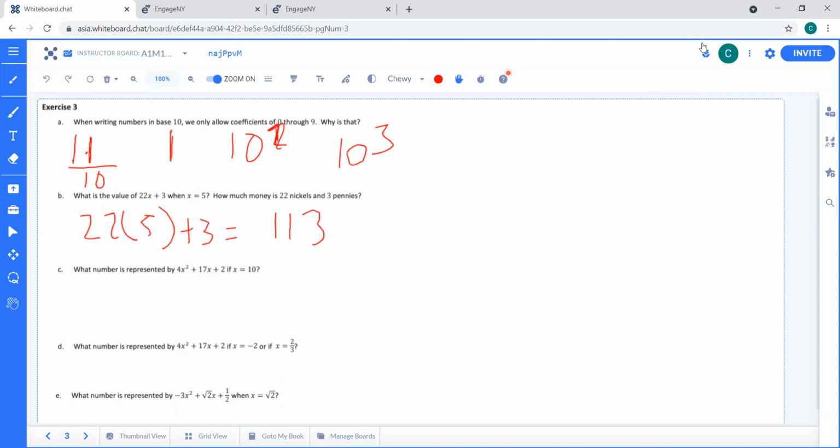Now, how much money is 22 nickels and 3 pennies? Well, that's saying the same thing. 22 times 5, which is the nickels, and 3 pennies. So plus 3 ones. Now, that's not going to be 113 dollars, but cents. Or it's also $1.13.